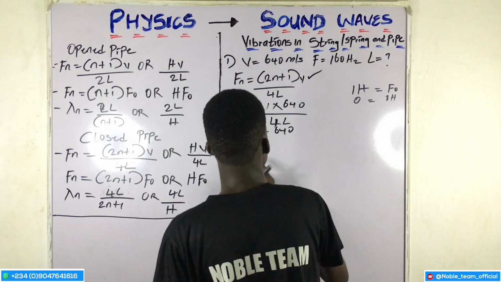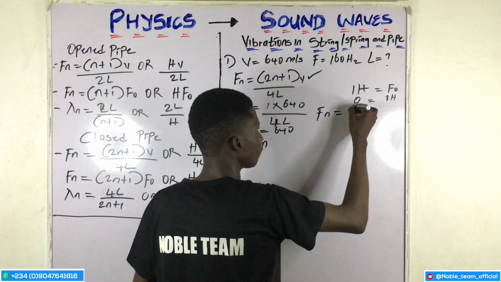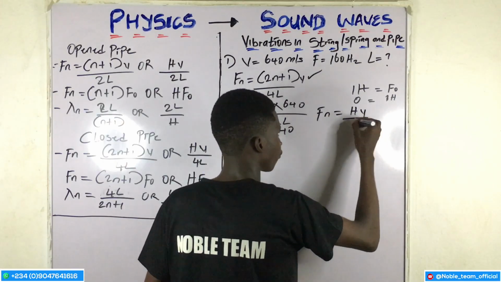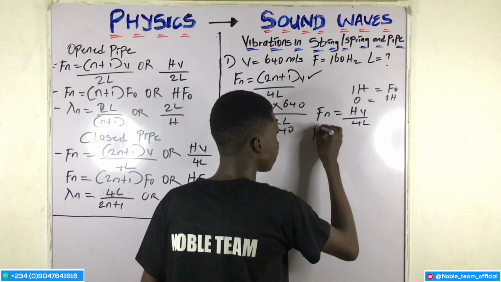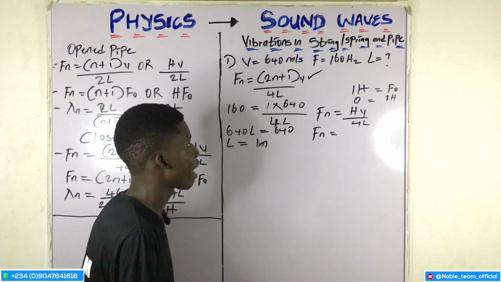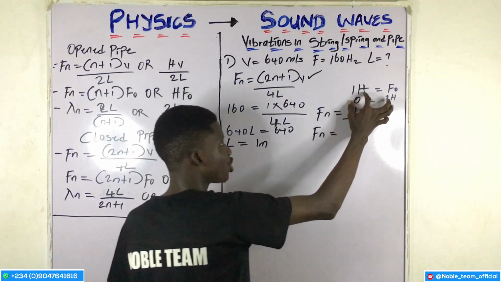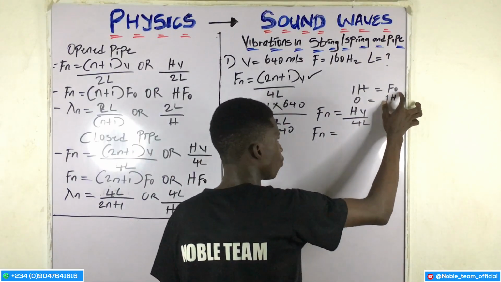Now using formula 2, when we say that Fn is equal to hv over 4l. Now pay maximum attention, since my overtone is 0, my harmonic is going to be 1.